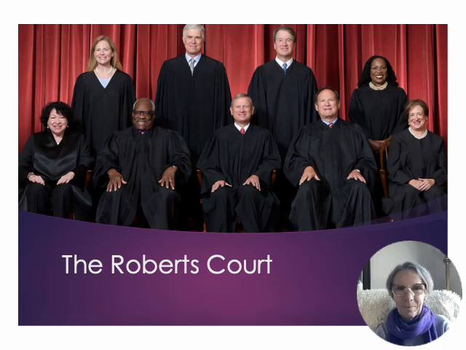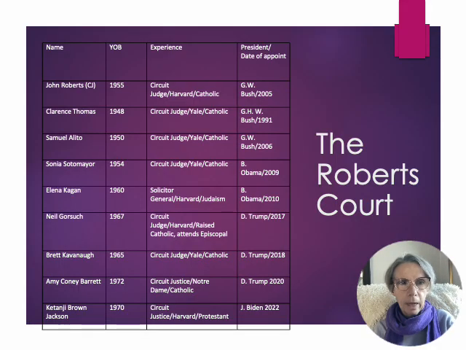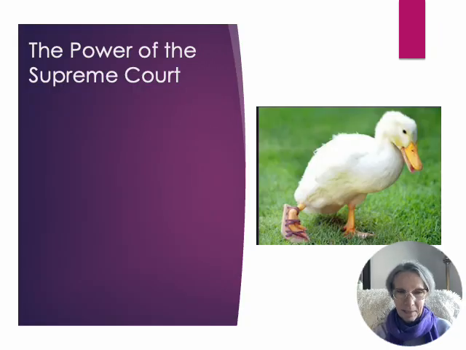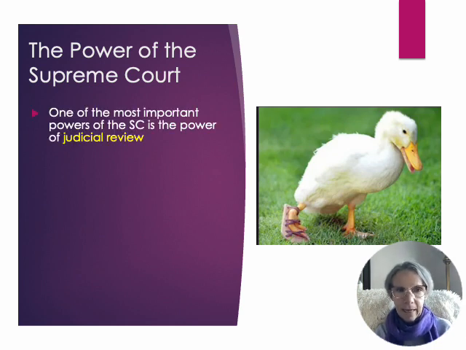Okay, Supreme Court. This finally brings us to the last part of the lecture, which is the power that the Supreme Court has. And one of its most important powers is what's known as the power of judicial review.